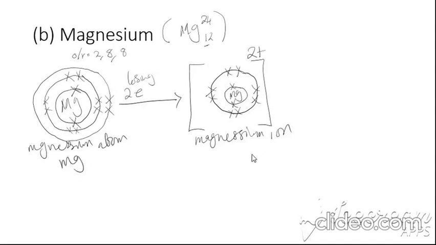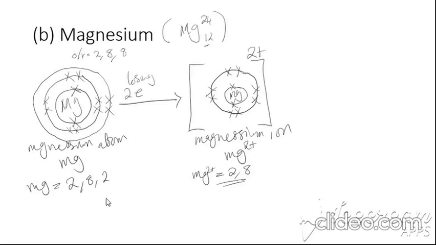And then the symbol for this one is just Mg. And then the symbol for an ion is what? Mg2 plus, meaning this one just lost how many electrons? 2. Then the electron configuration for magnesium ion is what? First shell is having how many electrons? 2. The second shell is having what? 8. It has lost 2 electrons. So this is the electron configuration. Then for magnesium atom is what? First shell is having 2, second 8, third 2 electrons.